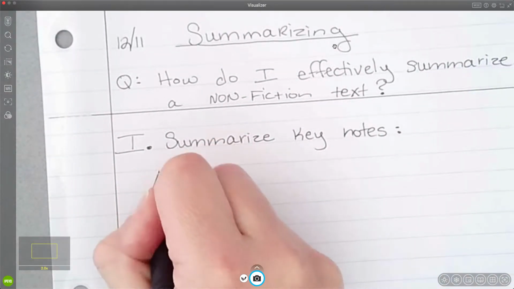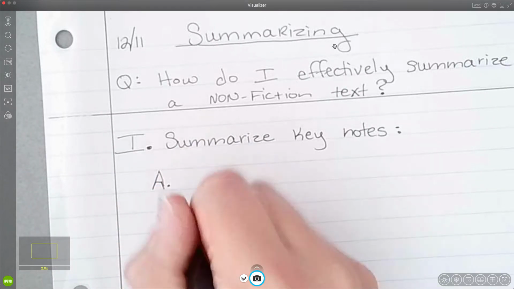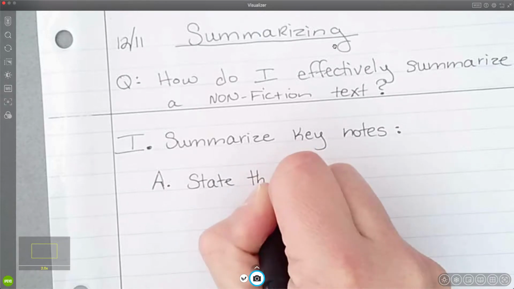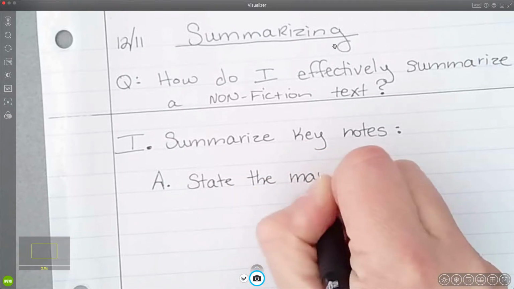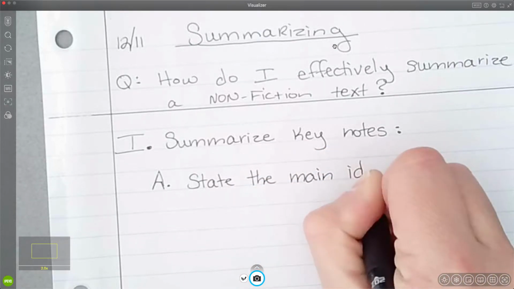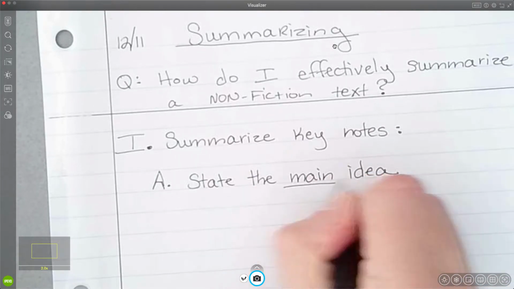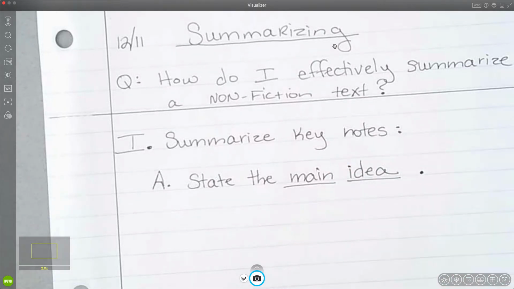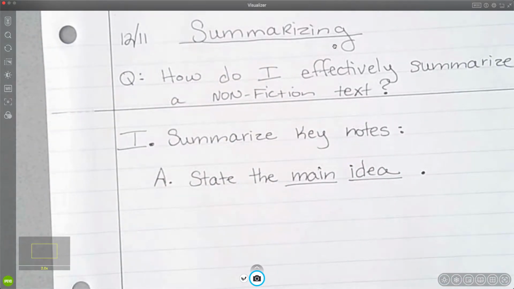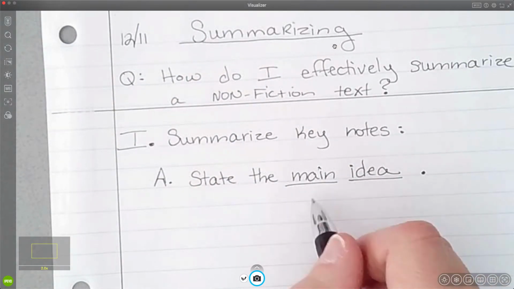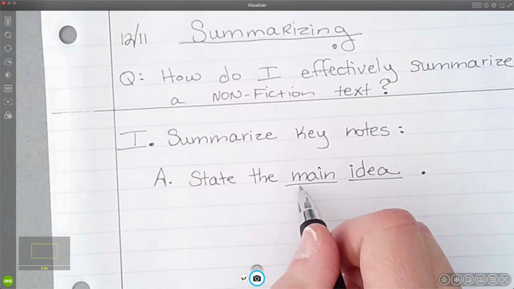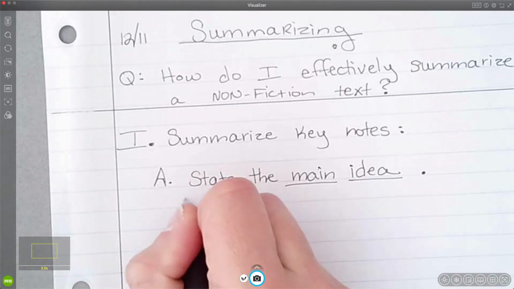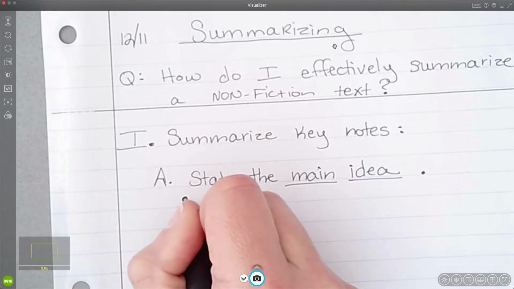Okay, letter A. First, you want to state the main idea. And you're going to underline main idea. So you remember when we had our main idea unit, we first talked about the topic and then we wrote a sentence about the main idea. Now when you do a main idea, put a little bullet point at the end.